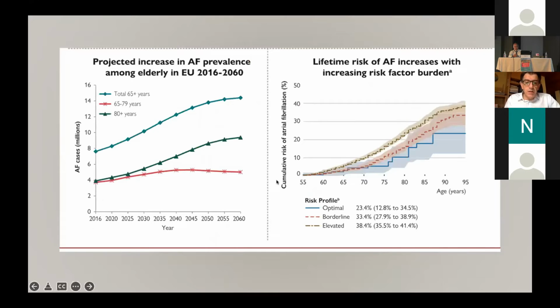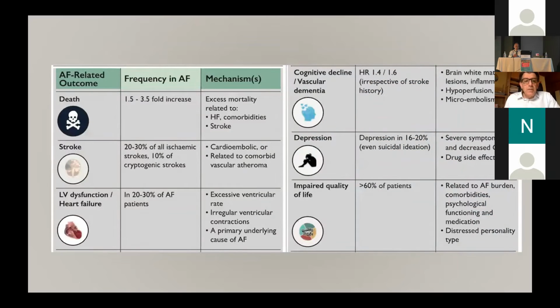As you can see, with the aging of the population, in the future we have a very high percentage of patients with atrial fibrillation, and this is a very difficult task because most of the things you are seeing in this slide are multiplied by atrial fibrillation.